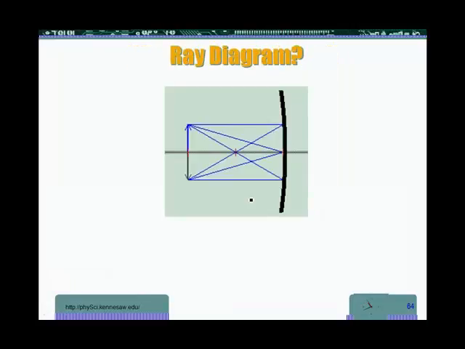This is the situation where the object, the blue arrow, and the image are equal to each other. And when does that happen? When you place your object at twice the focal length away from the mirror. In that case, DI is equal to DO, and actually you can find it from that equation. 1/di plus 1/do is equal to 1/f.